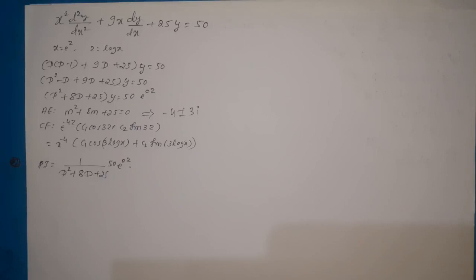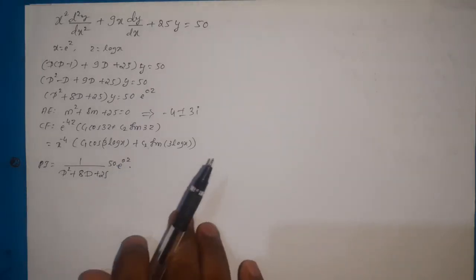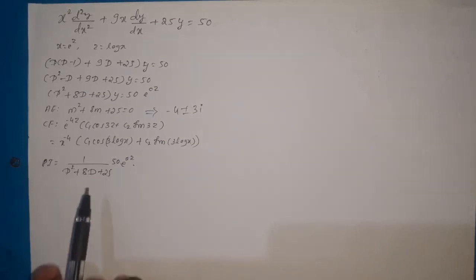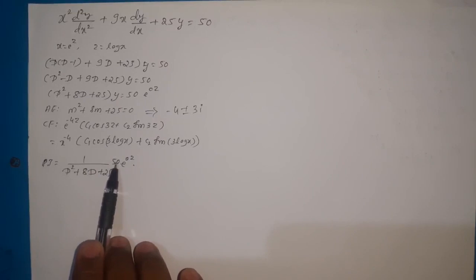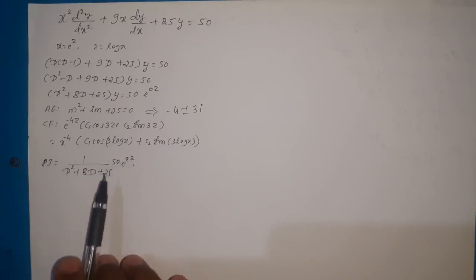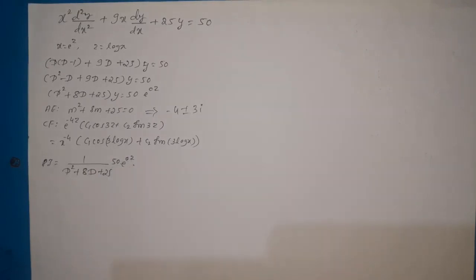So therefore here this is the complementary function, and the particular integral is 1 divided by f of D into 50 e power 0z. It is of the form e power ax. So whenever f of D e power ax is there, then just substitute D is equal to a. Here the value of a is equal to 0.